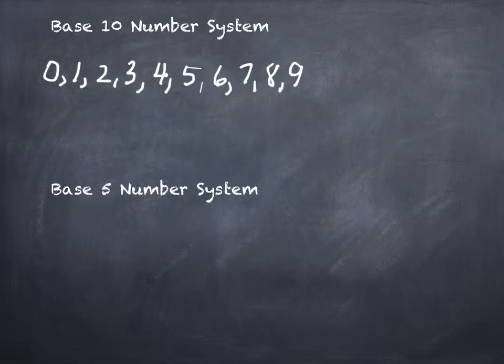So we have 10 numerals that start at 0 and end at 9, and we do not have a numeral that is the numeral 10, do we? We have something that we write down and call a 10, but it's not a numeral because it takes how many numerals to write the number 10? 2. So once we run out of our 10 numerals, we get to a 2-digit number that has 2 independent numerals. And it always goes 1, 0 next, doesn't it?